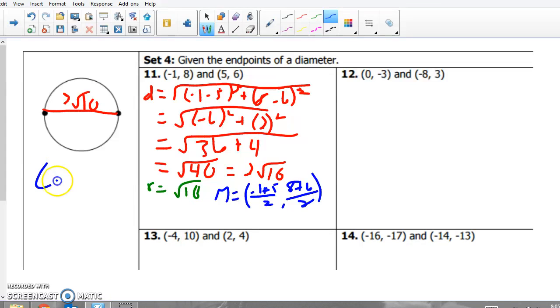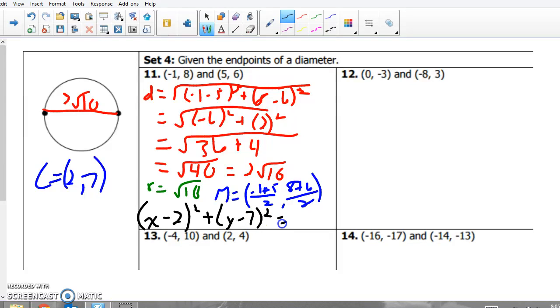So I'm going to write over here center of 2, comma, 8 plus 6 is 14, divided by 2 is 7. So my center is there. We know our radius, we know our center, so we can write our equation. It's going to be x minus 2 squared plus y minus 7 squared equals square root 10 squared, which is 10.